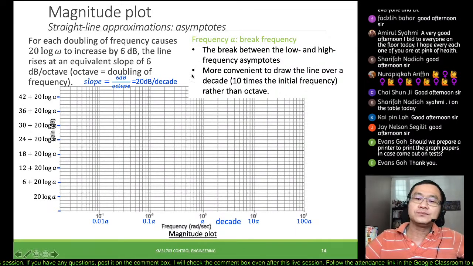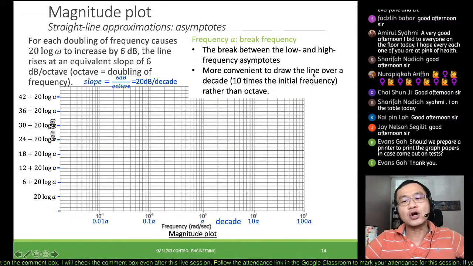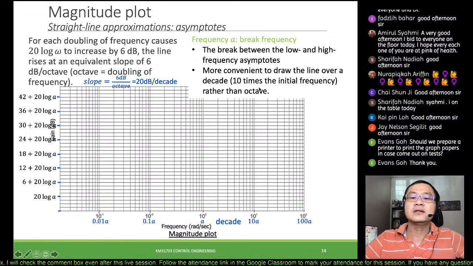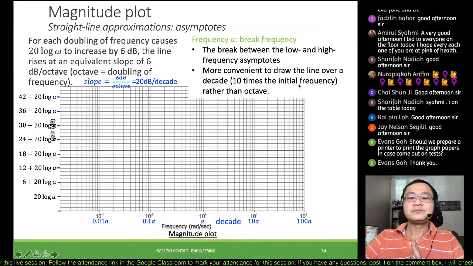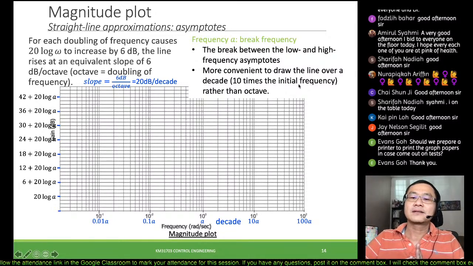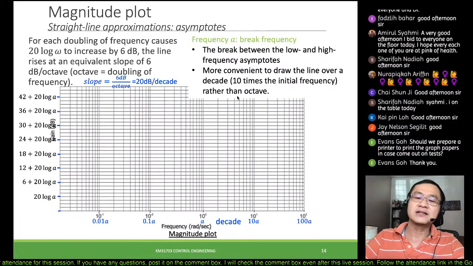So for approximation purposes, we just draw a straight line over it, such that it's 10 times away from the initial frequency, rather than the octave.